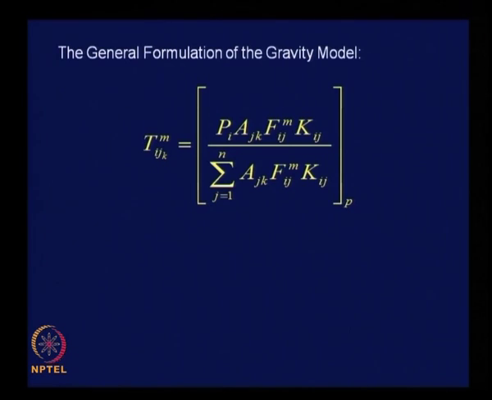For trip attraction also we are introducing the subscript K, Aj Fij M or Fmij we can say, into Kij whole divided by sigma j equal to 1 to n Aj again Fmij Kij whole thing within brackets, and for the bracketed quantity we give a subscript P. So, this is a very generalized formulation of the gravity model. That is the reason for introducing all these subscripts and superscripts.